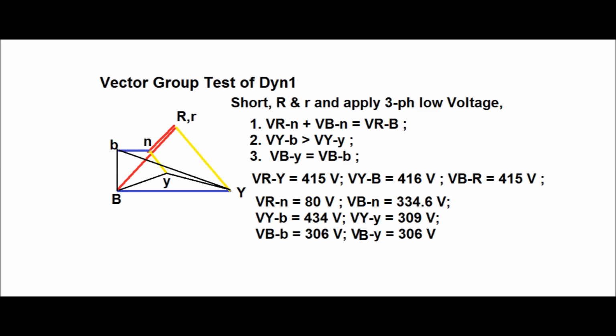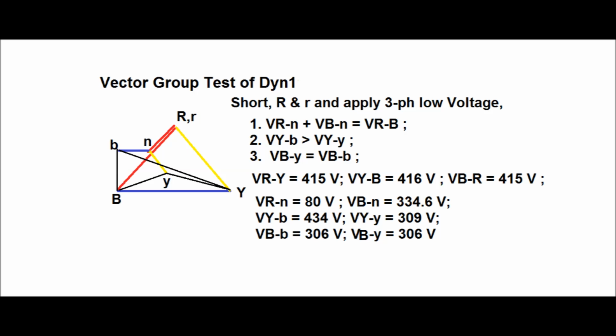So in the HB side, low voltage supply, that is 415 volt supply, is given to the red, yellow and blue phase, and keeping HB side red and LB side red shorted together, different voltages are measured by multimeter to check whether the aforesaid conditions are met or not.